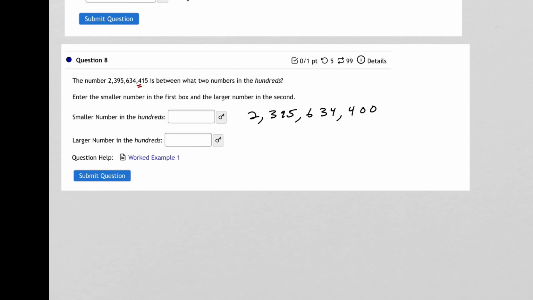That will be below 415. And then the number in the hundreds that's above it, that's got to be 500, right? So everything else will be the same, except this will be 500. So that's what I mean, like trap it within the hundreds, right? The number below and the number above. That number is in between those two.